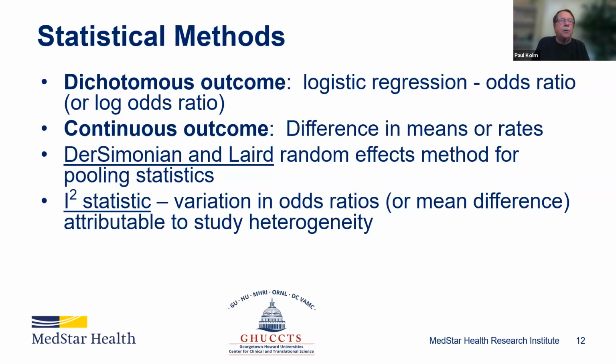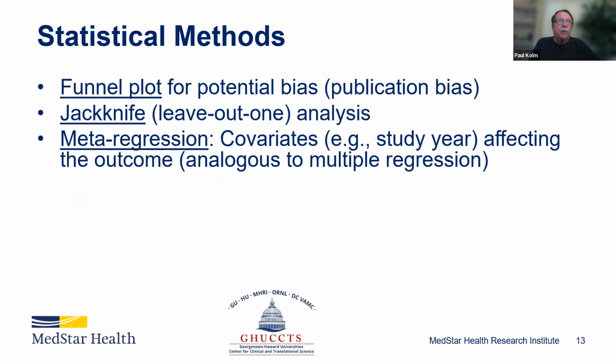So the I-squared statistic ranges from 0 to 100, with larger values indicating greater heterogeneity. And so the question will be what's considered heterogeneous versus not heterogeneous.